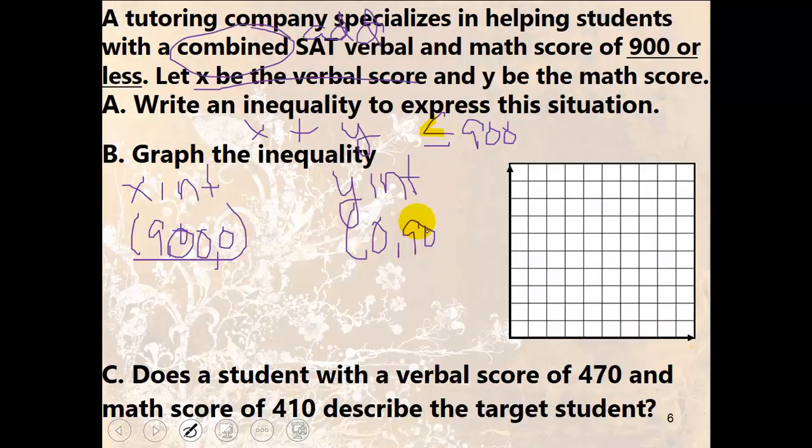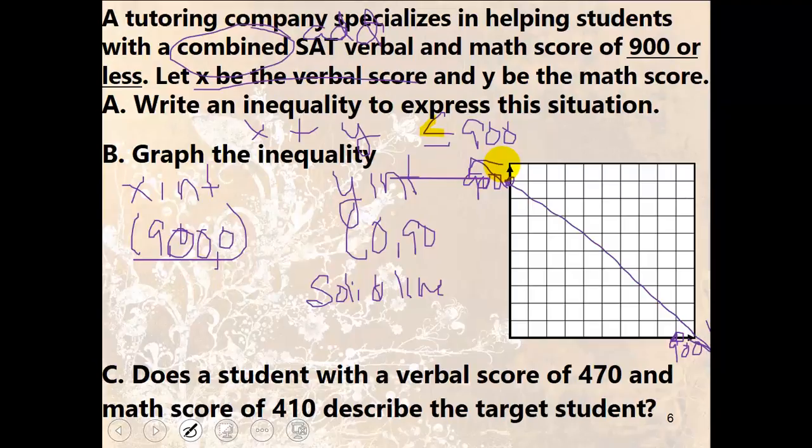So this will be 900 here, and this will be 900 here. And there's my y-intercept, there's my x-intercept. It's inclusive, so I'm going to do a solid line. Connect them. Sorry, I missed just a little bit.